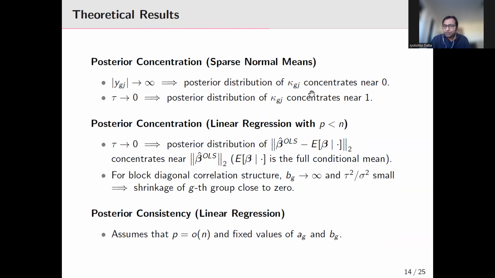If it's going to 0, then the posterior distribution of kappa should go near 1, which is what should discriminate between the signal and the noise. And we can also show some concentration properties for linear regression for p less than n. We can show if tau goes to 0, then the posterior distribution of beta hat OLS minus the posterior mean of beta would concentrate near beta hat OLS. And we can show posterior consistency for linear regression as well.